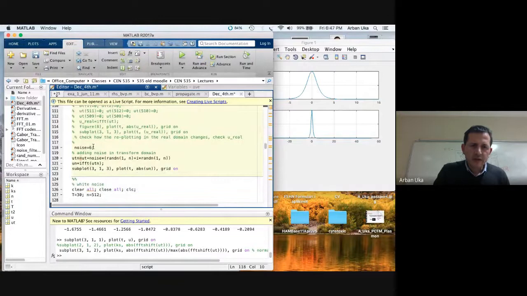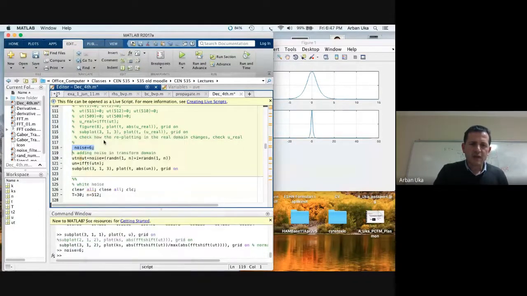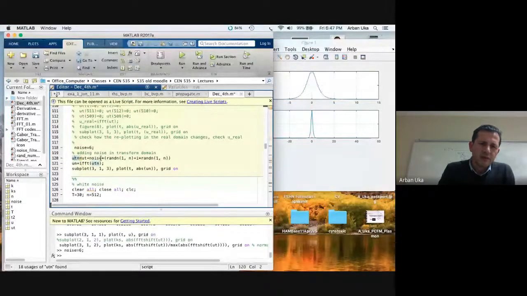And let's try to add noise with an amplitude which we can set equal to 6. So adding an amplitude of 6, and let's see where we are adding the noise. Based on what we saw on the board, apparently we say UTN. UTN is, U is the original function in real domain, UT is the Fourier transform, and UTN is the Fourier transform with noise.